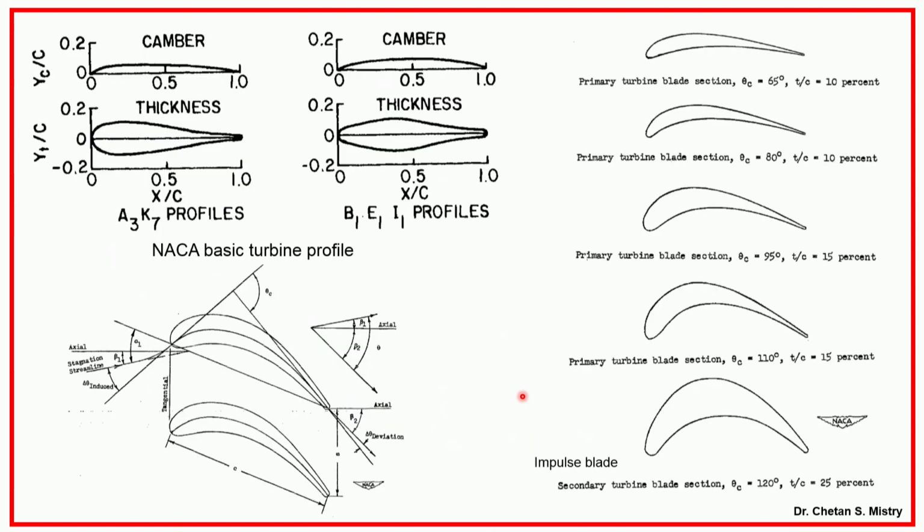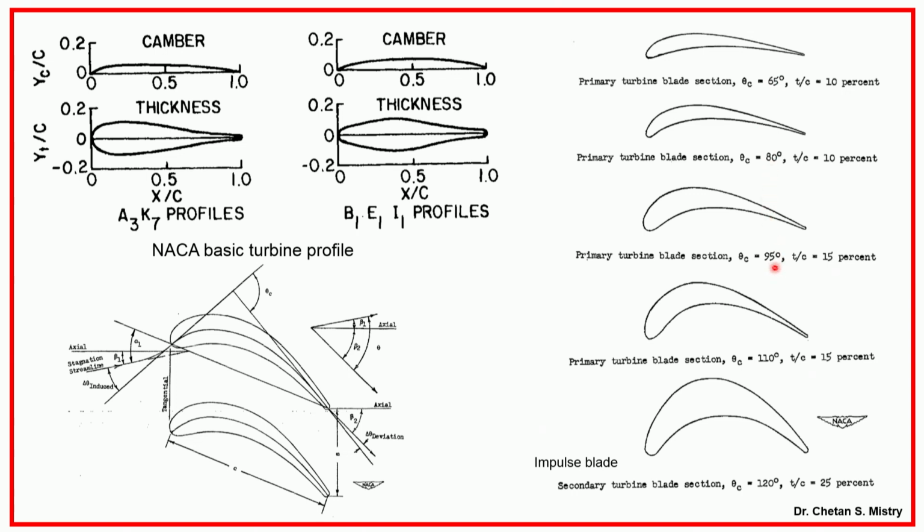So, this is what is available in open literature, the NACA profile, A3K7 and B1E1I1. If you look carefully at this comparison, my maximum thickness placement is at a different location. This represents my camber angle, say 65, 80.